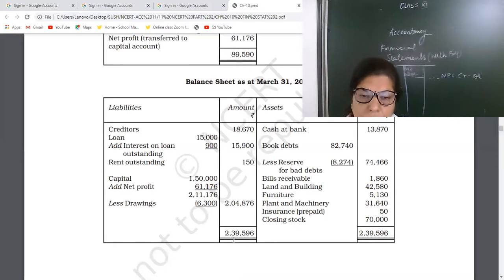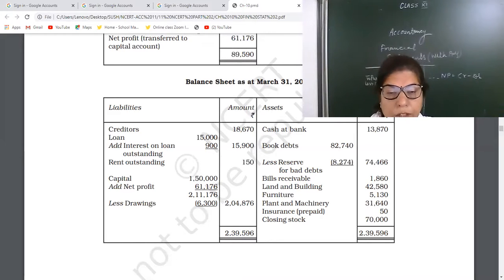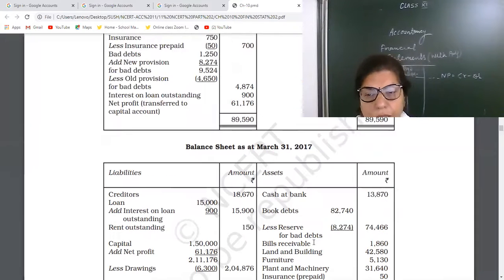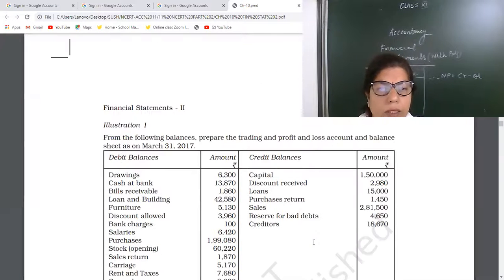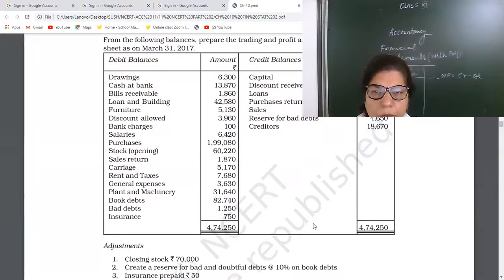Okay, so balance sheet match. If the balance sheet is not matched, then maybe there are some errors, which I told you in chapter number 6.